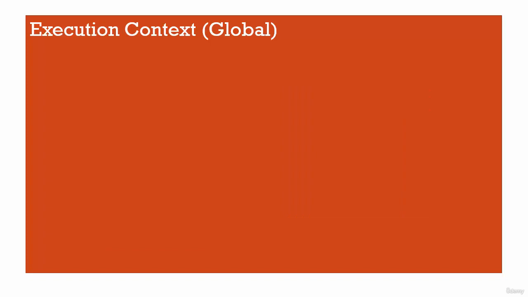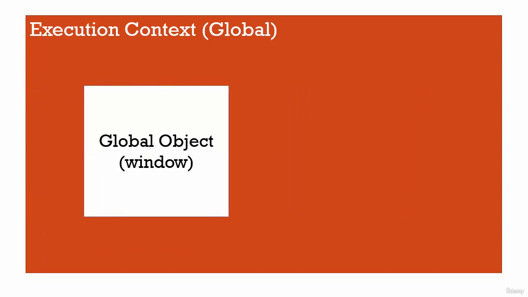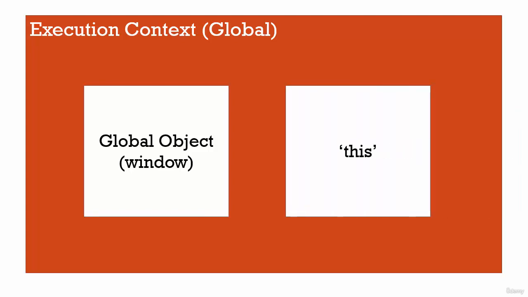And what we saw was that the global object inside internet browsers like Google Chrome or Firefox, whatever the case, is the window object. And that it did create a variable called this, and at the global level, those two things are equal.